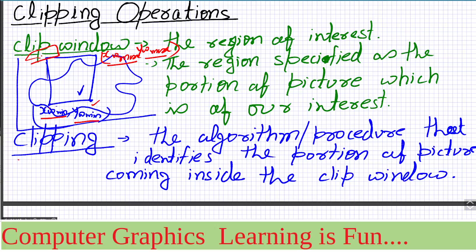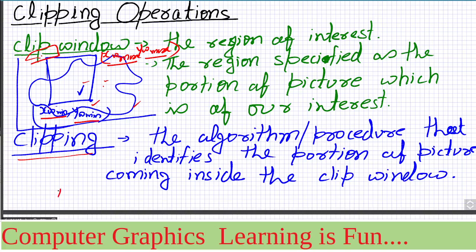Then there comes an algorithm, we call it the clipping algorithm. This algorithm will go through your scene and find out what portions of the picture come inside the window and what comes outside the window. Very simple thing. So this is your clipping algorithm.